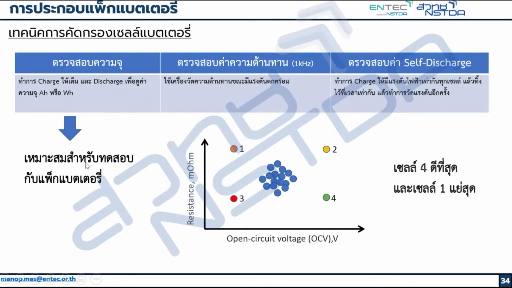The battery pack requires accuracy. So we need to use the self-discharge test to check. We need to have a tool to check the level. It's not just an ordinary meter.